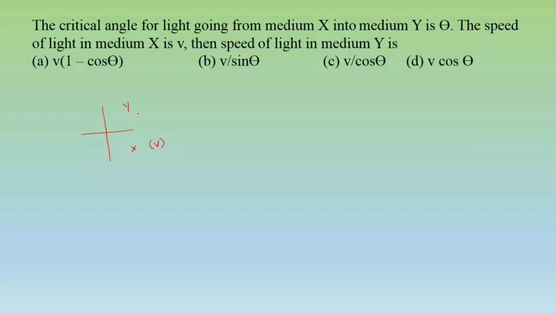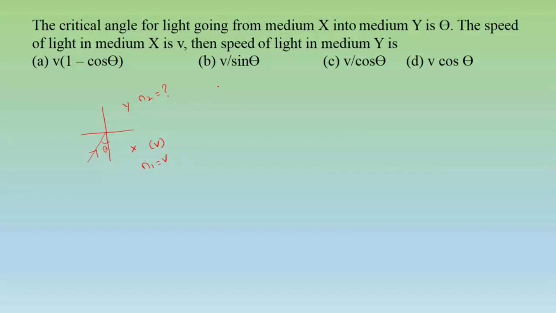Remember, speed of light is measured by refractive index, because refractive index measures the speed of light in the given medium. Here the ray of light is traveling from X medium to Y medium with critical angle theta.